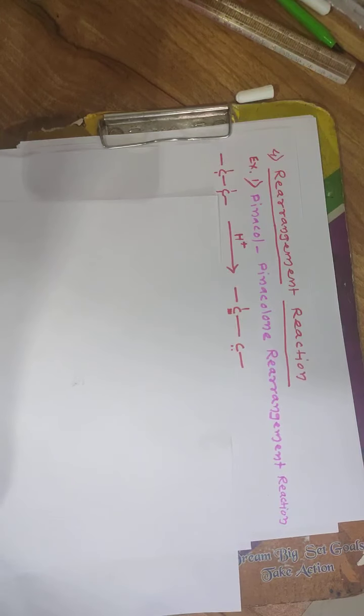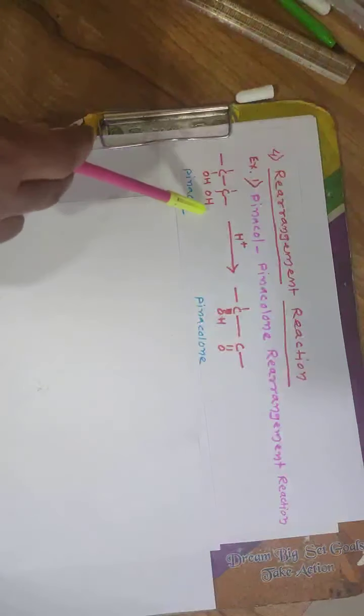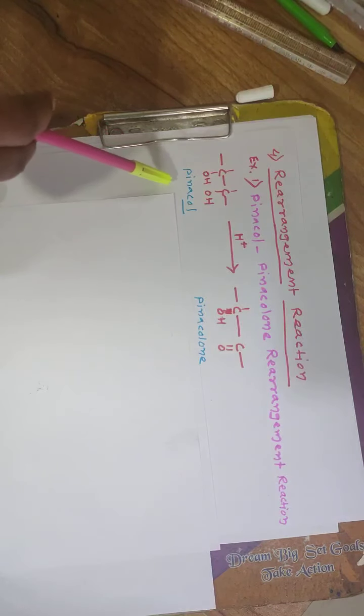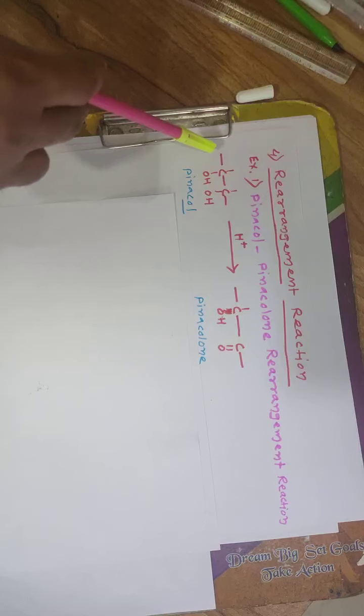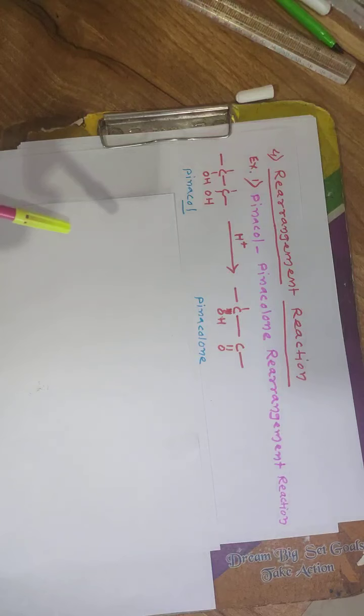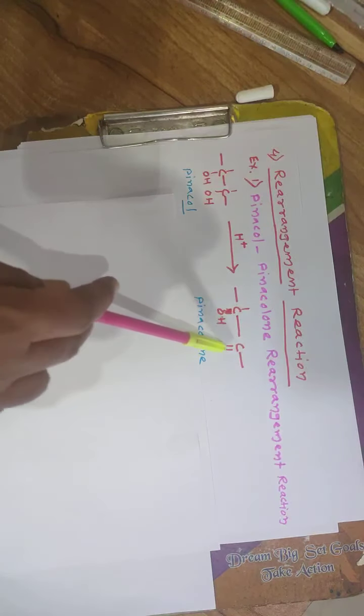Now the starting compound is the pinacol. In pinacol there are two OH groups directly attached at the 1,2 positions, so it is called a pinacol. The remaining valency can be satisfied by any R group, maybe alkyl, maybe hydrogen or maybe aryl, and this will convert into "one", that is a ketone.